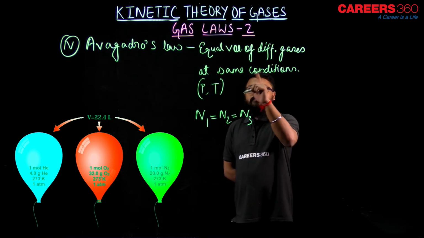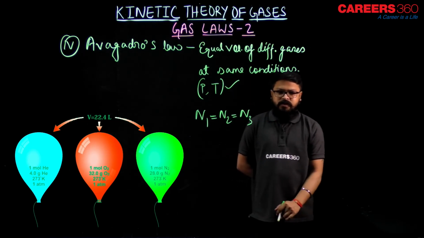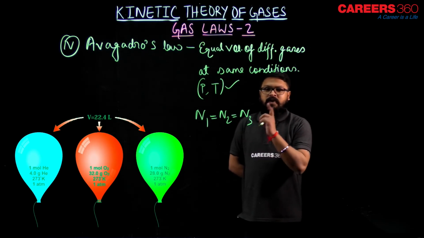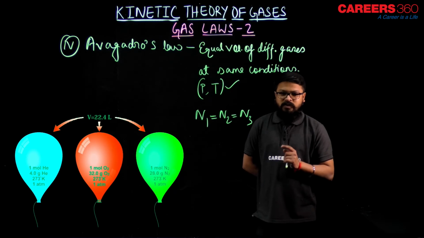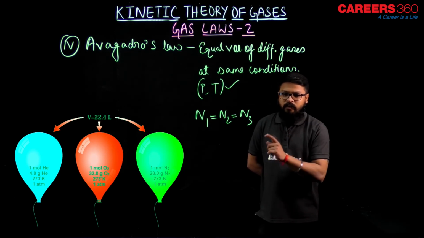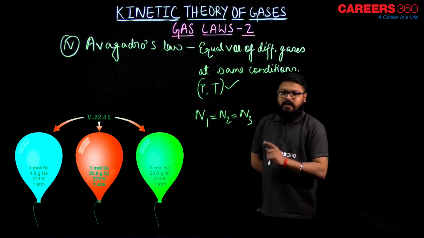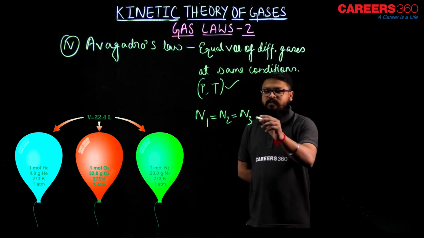That is equal volume of different gases at same conditions, pressure and temperature same. And as you can see, they have equal number of moles, 1 mole helium, 1 mole oxygen, 1 mole nitrogen, right. So helium, oxygen, nitrogen, all the three will have same number of molecules.